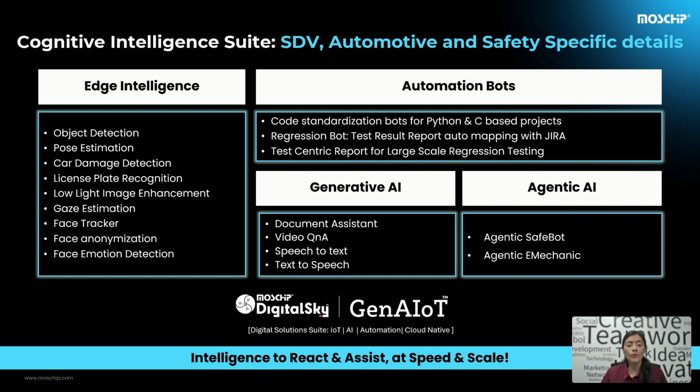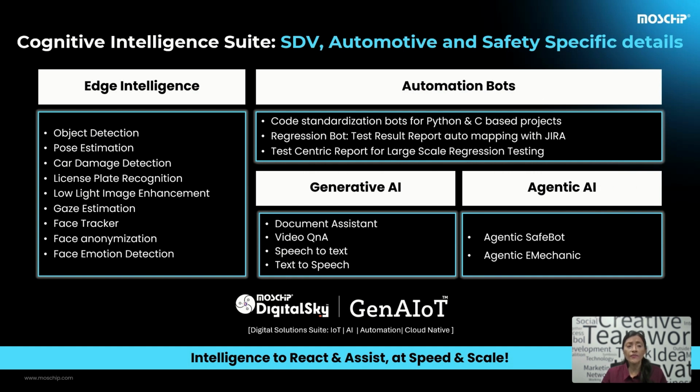It consists of some pre-trained models that enable on-device AI capabilities, bringing intelligence closer to where data is generated. Then we have automation bots, and the bots mentioned here help streamline development and processes in FuSa projects. Key ones included are code standardization bots, regression bots, and test-centric reporting bots.